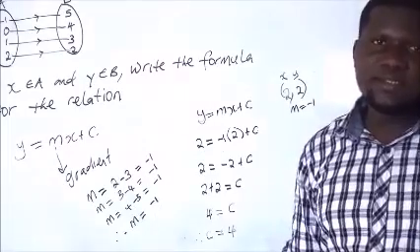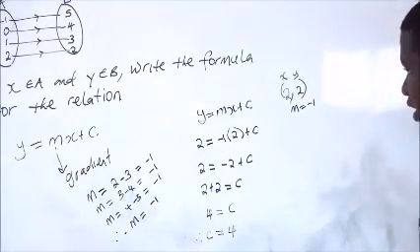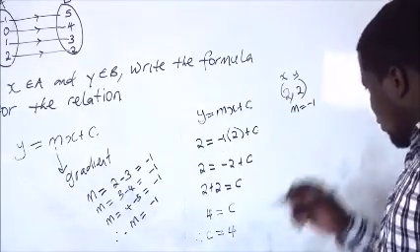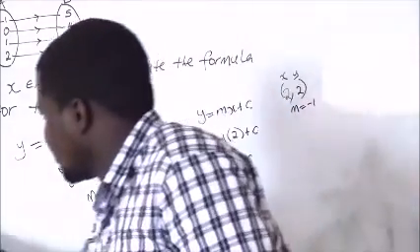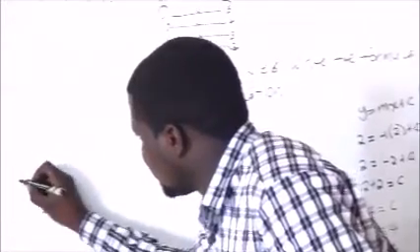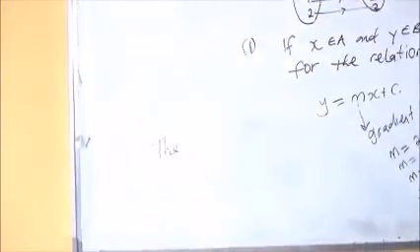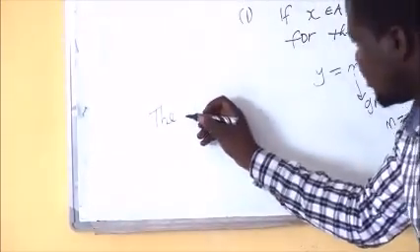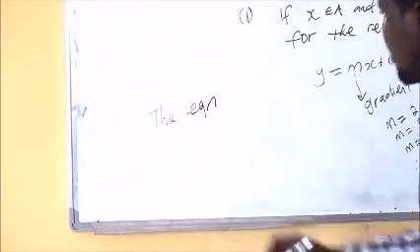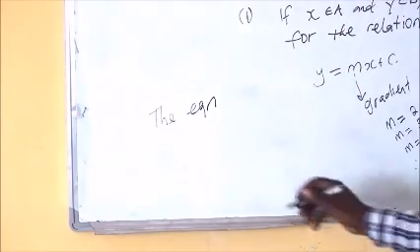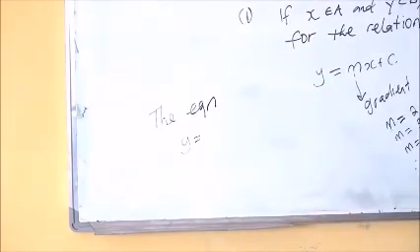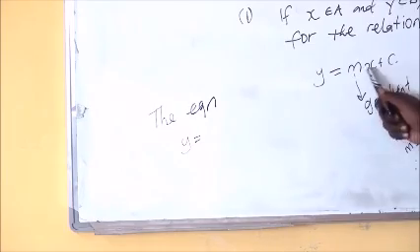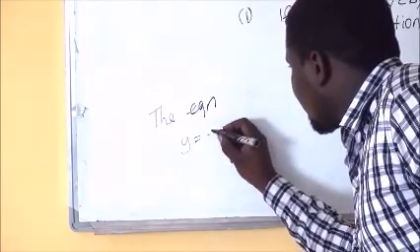So the final solution, the equation of this function, will be y is equal to, what is the value of M we found? It's -1. So it's going to be -x.